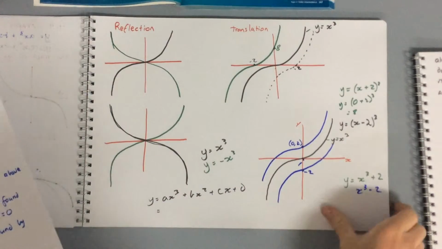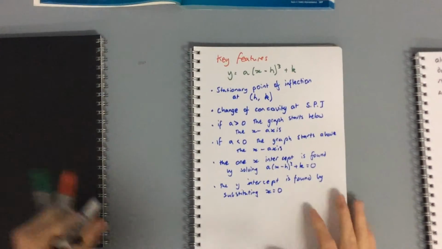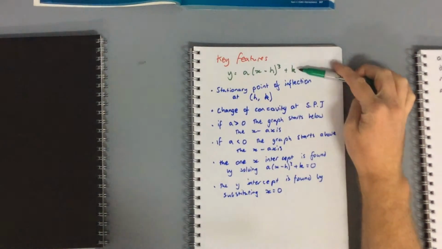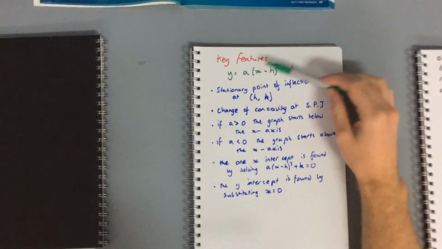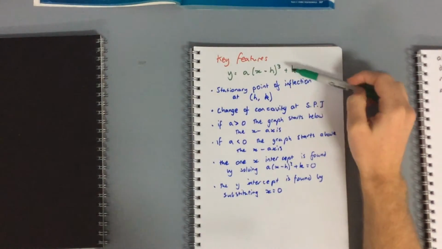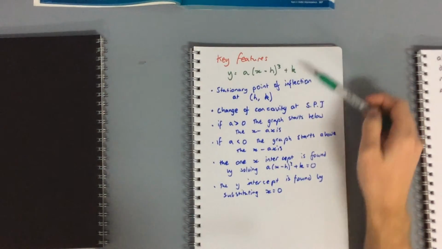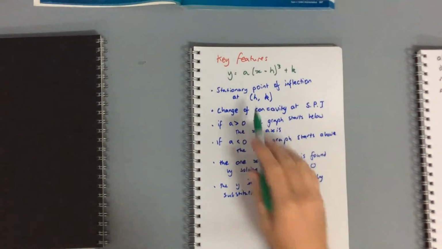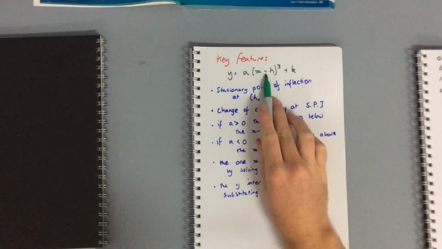We'll just have a look at some key features, as a bit of summary. Our general turning point form for a cubic looks like this: a(x take h) cubed plus k, and we've got a at the front. So we've got a stationary point of inflection at (h, k).